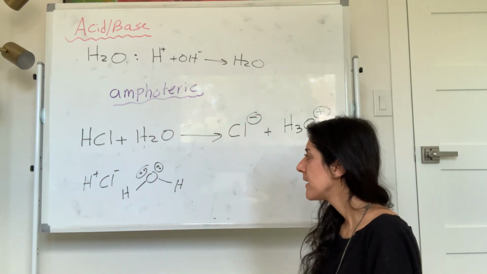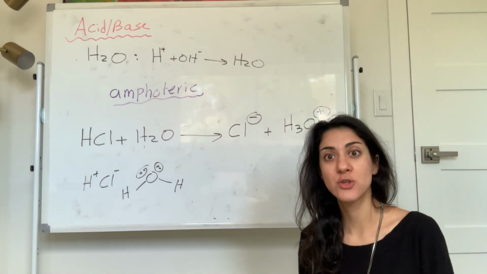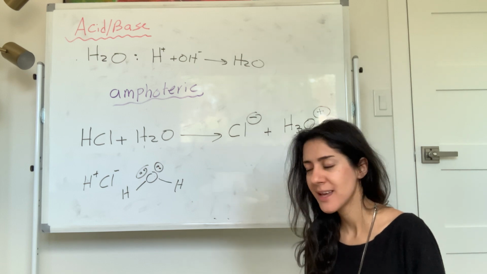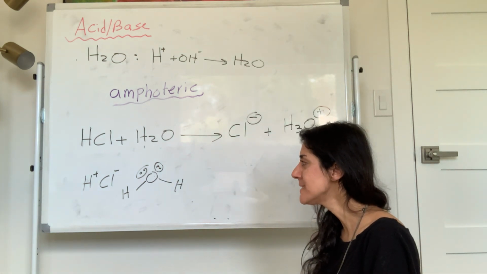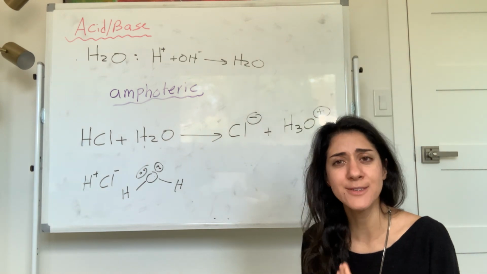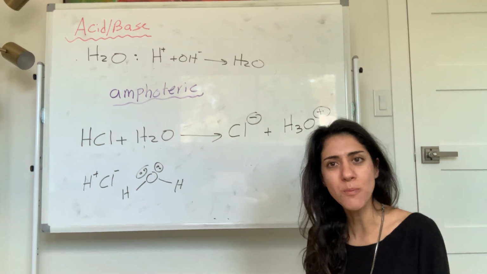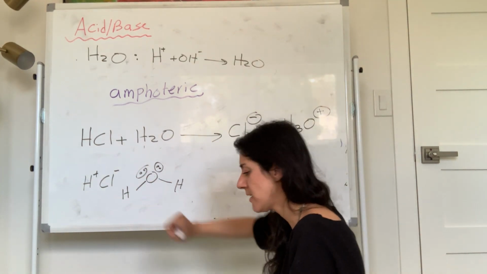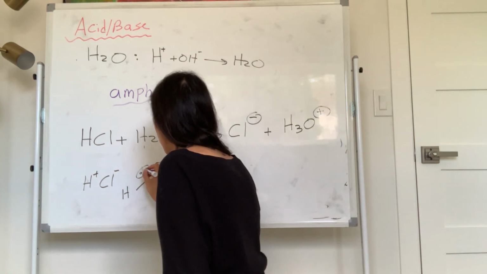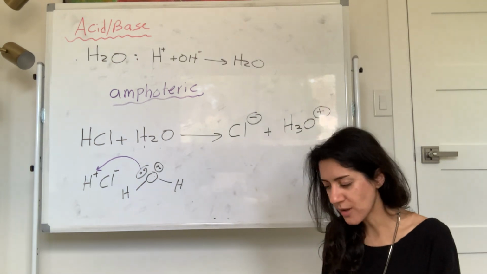Now, HCl is my acid, it is going to lose H plus. Water is my base, it is going to get an H plus. And you can probably see that. What did we say before? For a base to go and get an H plus, it needs to be able to afford it, right? Well, water has a lone pair, extra electrons, to go and grab an H plus. So these lone pairs are going to go and grab the H plus.